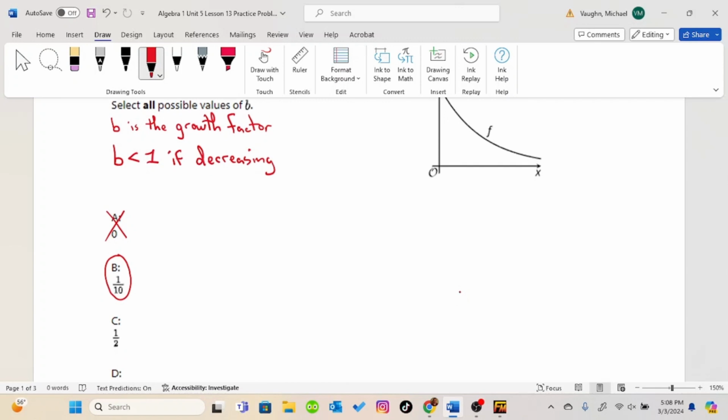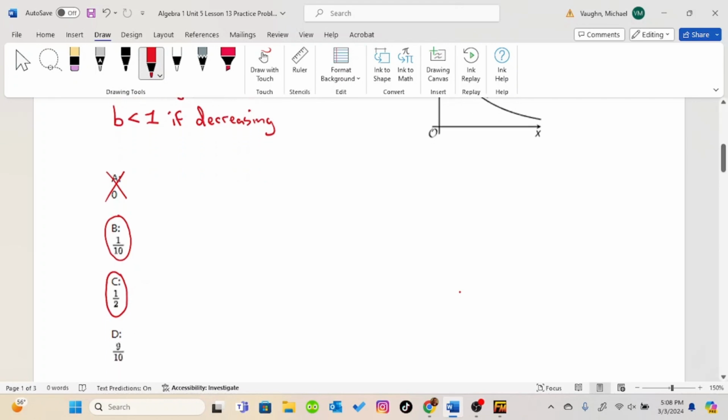Next is choice C. This is 1/2. 1/2 is less than 1, so that could be a value. Then we look at D. D is 9/10. That's less than 1, so that is also a possible value.